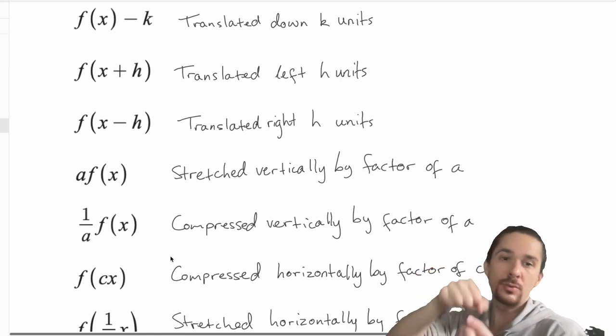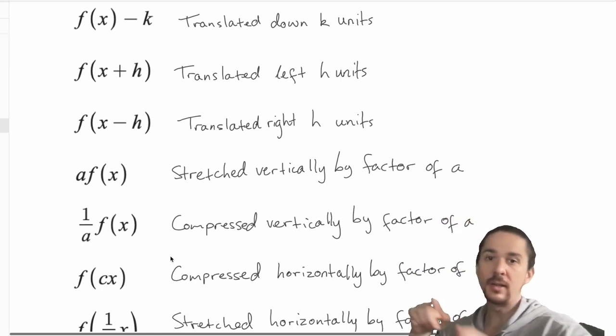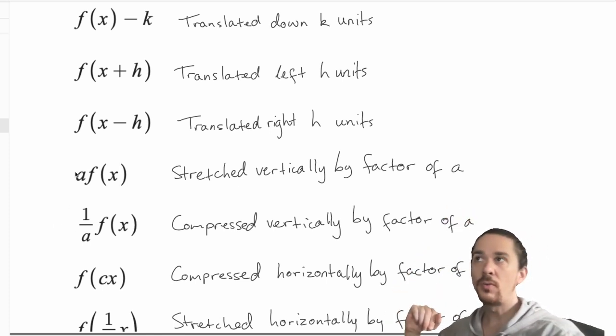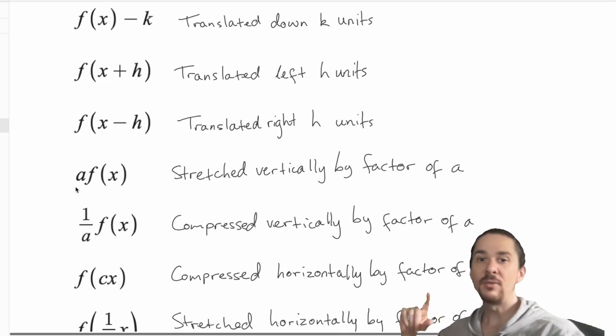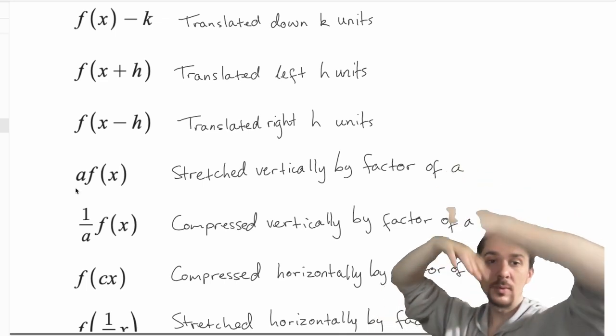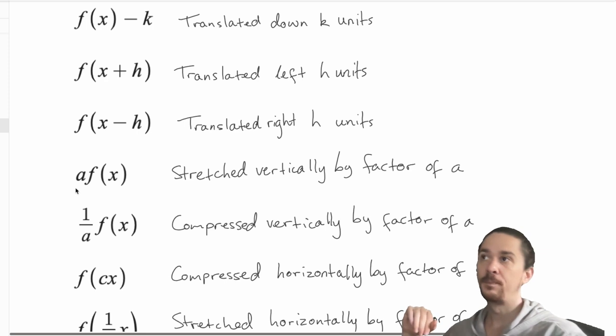If we want to stretch or compress it vertically, we multiply the whole function either by a number bigger than 1 to stretch it or a number between 0 and 1 to compress it. If we multiply it by a negative number, we will flip it vertically.